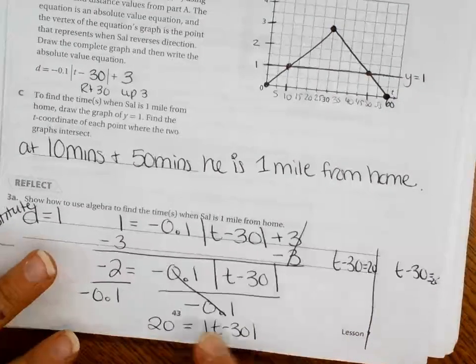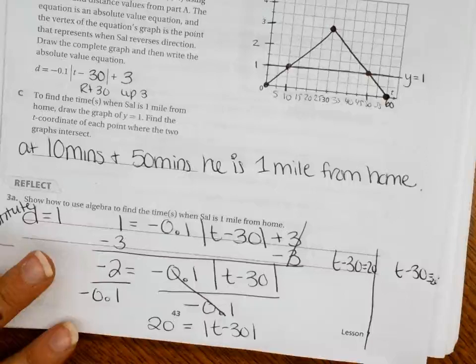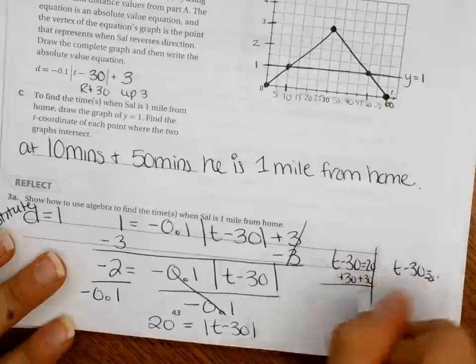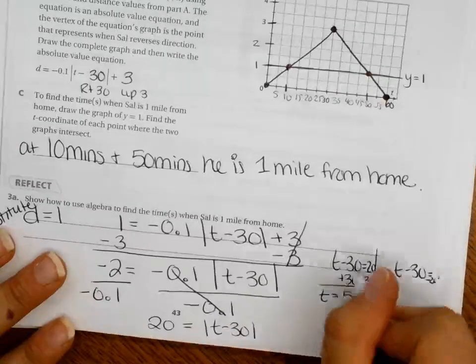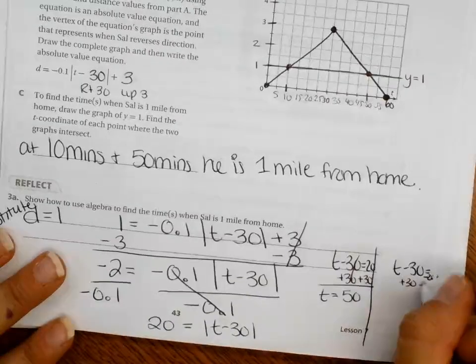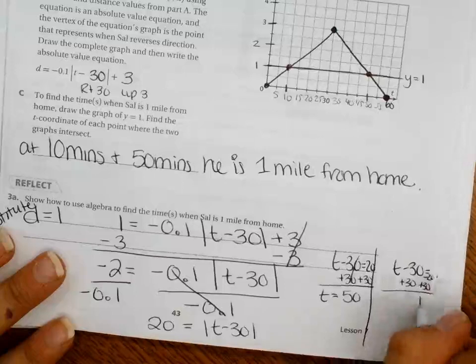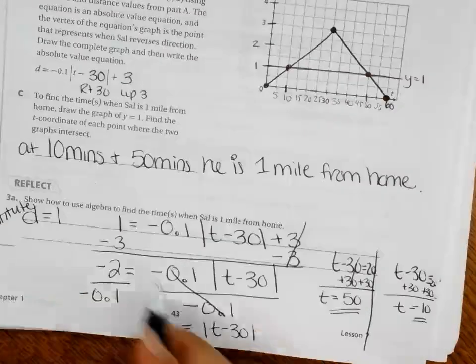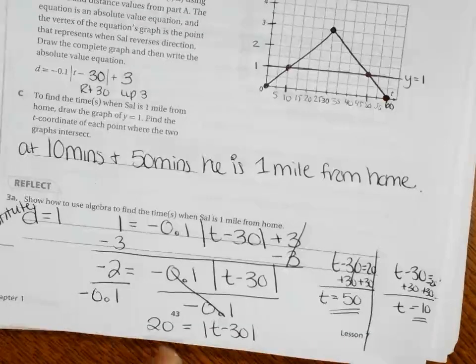You drop the absolute value bars and set it equal to the positive and negative versions. Add 30 to both sides. t equals 50. Add 30 to both sides. 30 plus negative 20 is 10. So t equals 50 and t equals 10. Same answer. But this way we solved it algebraically instead of graphically.